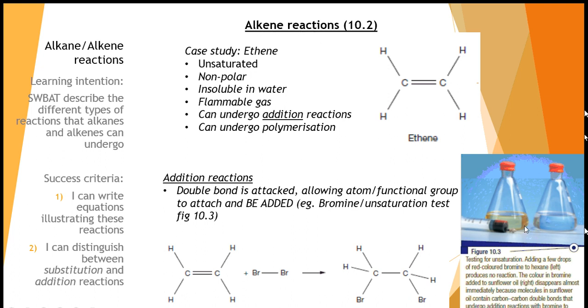Have a look on the right-hand side here at figure 10.3. When you add bromine, which is this red stuff here, to a clear saturated liquid, the red acts like a food dye and it just spreads its way through that saturated liquid. That's why it's tinged yellow. The bromine hasn't reacted with anything, and so the red dissolves and spreads out, causing that clear liquid, maybe pure water, to turn into that color.